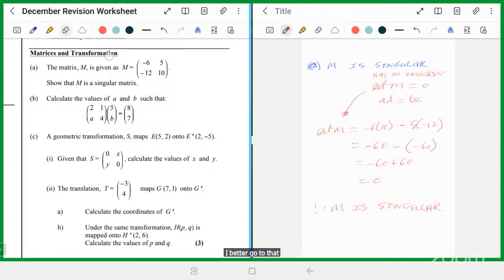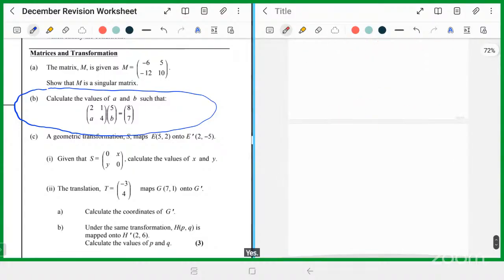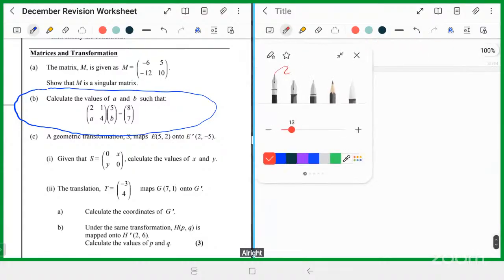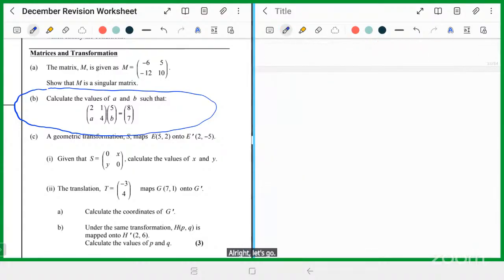Alright, moving on to the next part, part B. Yes, sir. Alright, let's go. This one wants us to find the value of A and B that satisfy this. So let's set it up. It's an equality of matrices.